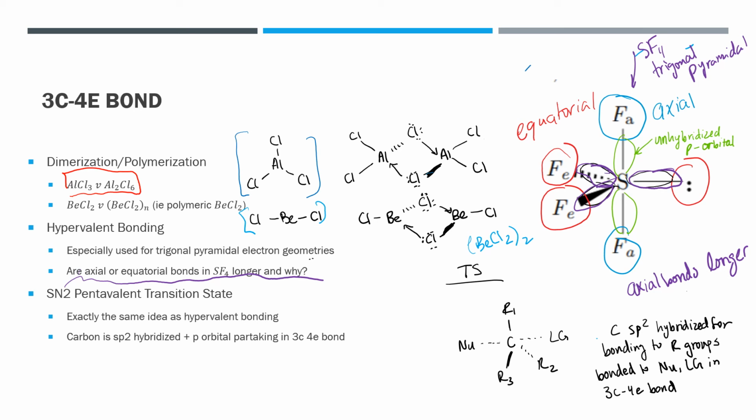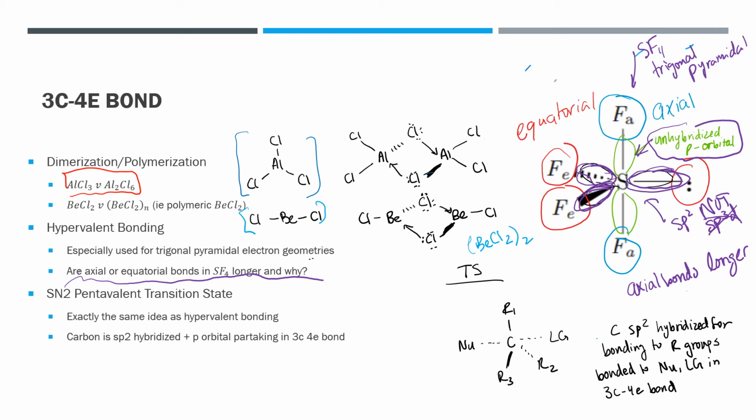And remember, if we have sp2 hybridized, that means we have an extra p orbital. So this green thing that I've drawn here is an unhybridized p orbital. This is really important: our sulfur is sp2 hybridized, not sp3d, and because it's sp2 hybridized, we have an unhybridized p orbital.